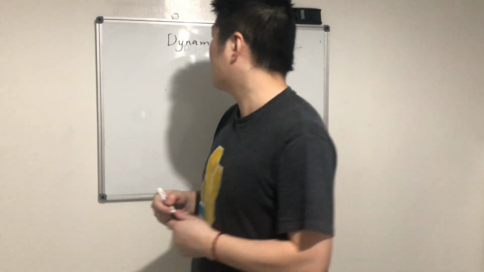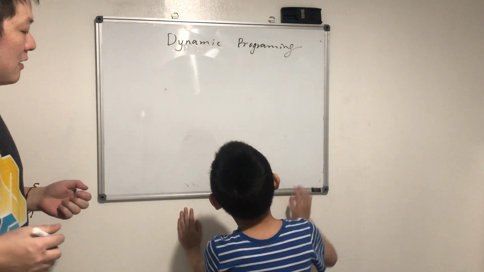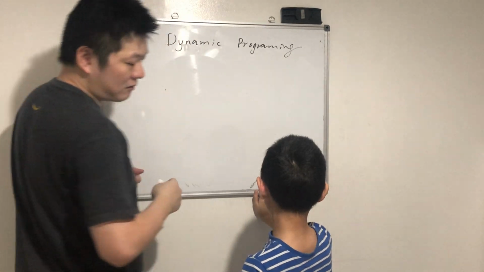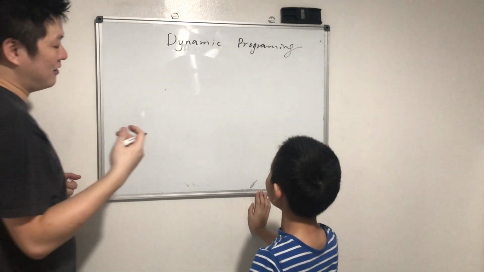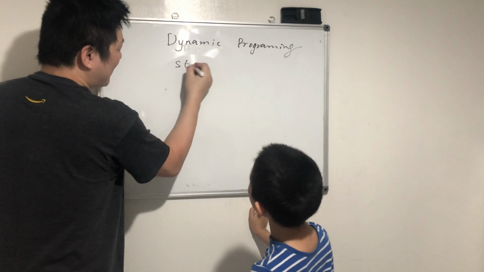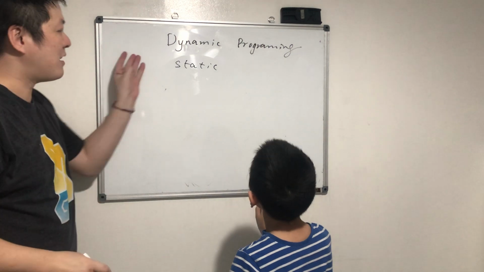So what's dynamic? What's the opposite of dynamic? Something like sound. Now, dynamic means, and the opposite will be static. Static, dynamic. Yeah, dynamic programming.